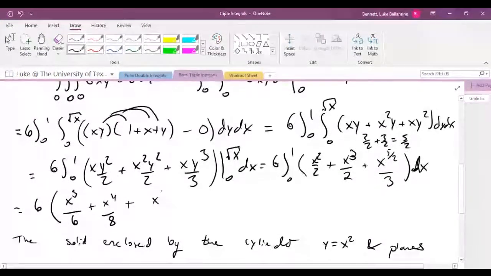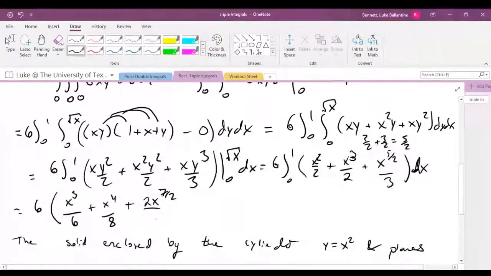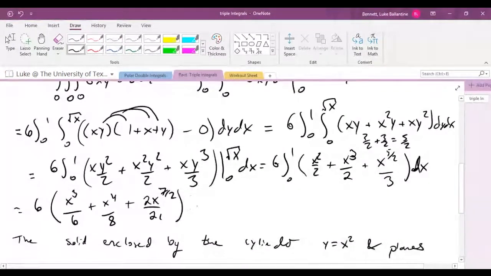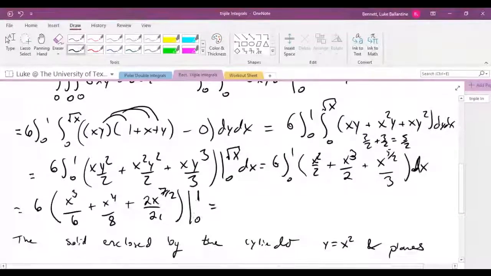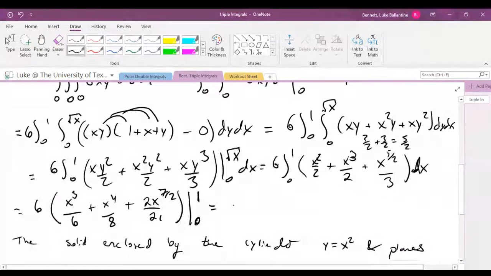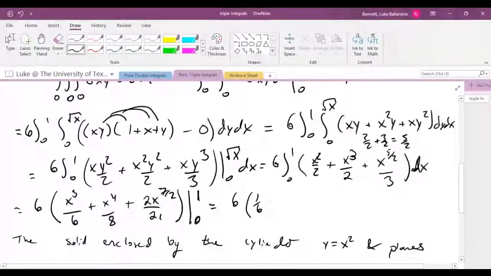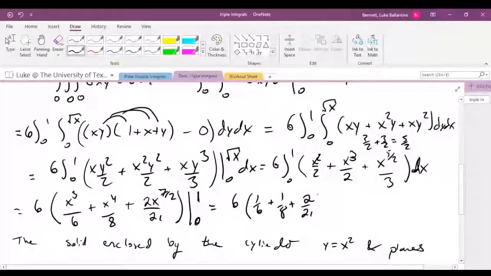Then we get plus x to the 7 over 2 times 2 over 7, divided by 3. That's 2 over 21, evaluated from 0 to 1. It's nice to give us that 1 and the 0. This calculation is super easy. So we have 6 times 1 over 6 plus 1 over 8 plus 2 over 21.